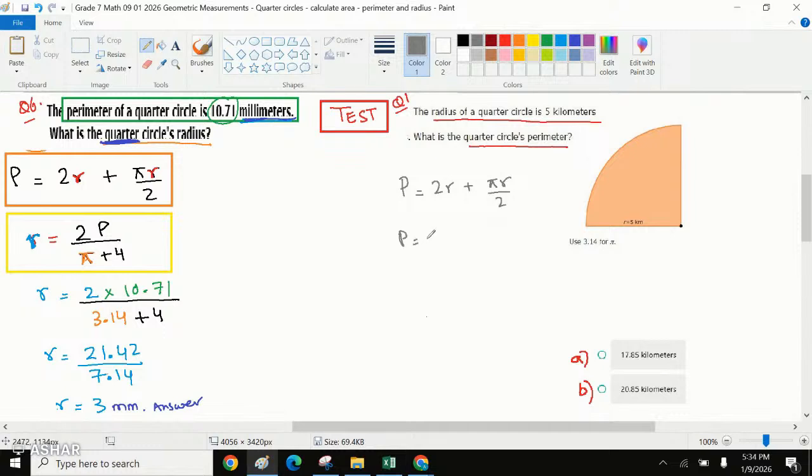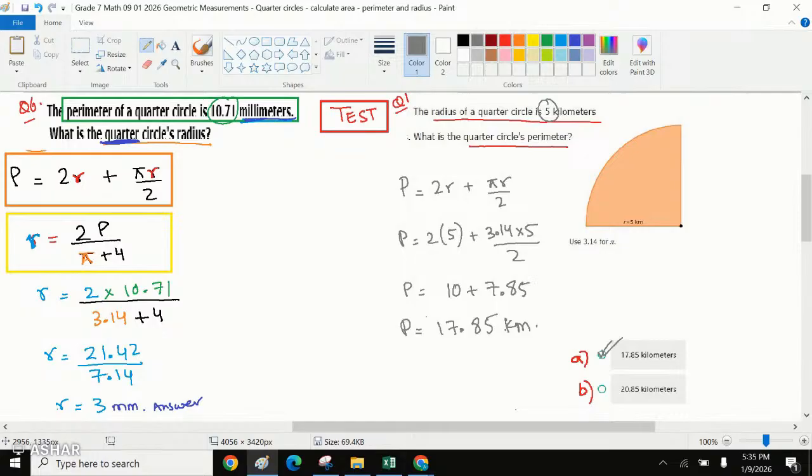So we can say perimeter is 3.14 into 5 divided by 2, that is 7.85, and this was 10. So it comes out to be 17.85, and this is in kilometers. So which option should be correct? Option A should be the correct answer, right?